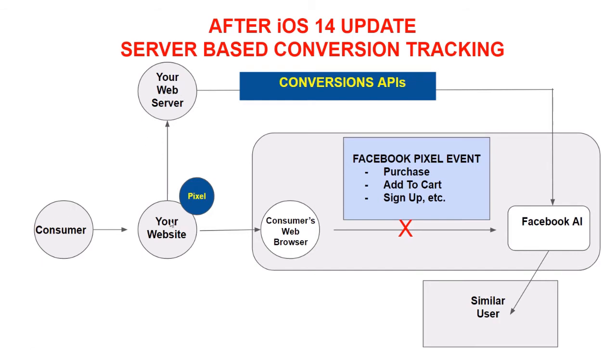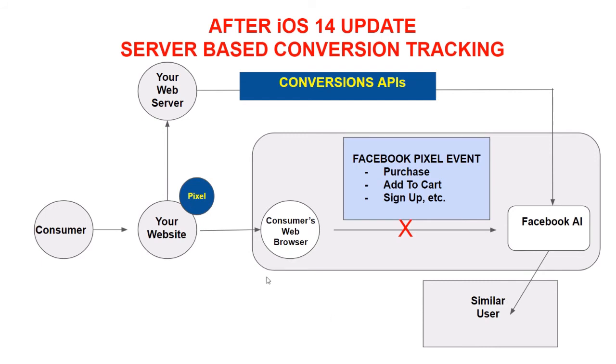Once this person lands on your website, your Facebook pixel takes the information about what they are doing on your website to the server, and through the Conversions API down to the Facebook intelligence machine. So it passes the block that Apple has placed here, and you are able to get results.